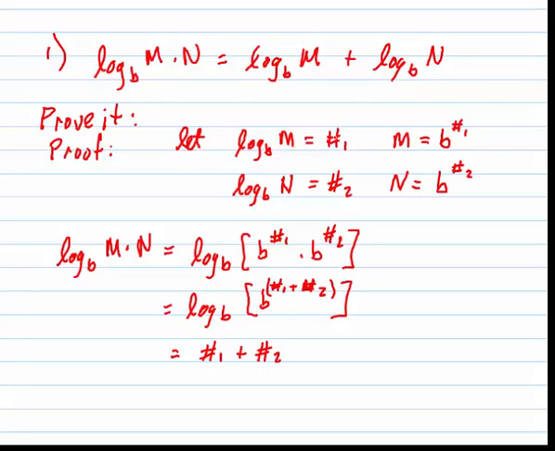This number 1 is log base b of m, and this number 2 is log base b of n, so that's equal to log base b of m plus log base b of n. Okay, so it really does just come from the fact that we add exponents. And the other two are proved very similarly, so we won't bother doing those.